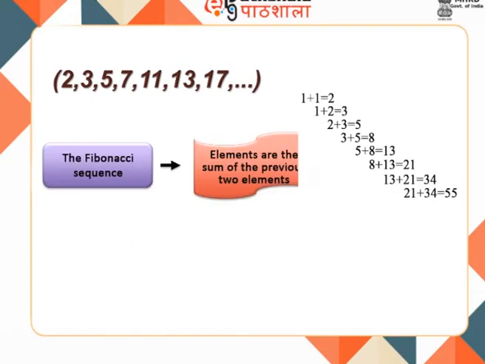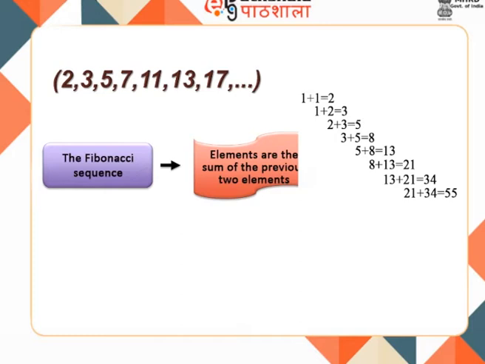The Fibonacci numbers are the integer sequence whose elements are the sum of the previous two elements. The first two elements are either 0 and 1 or 1 and 1, so that the sequence is 0, 1, 1, 2, 3, 5, 8, 13, 21, 34, and so on.